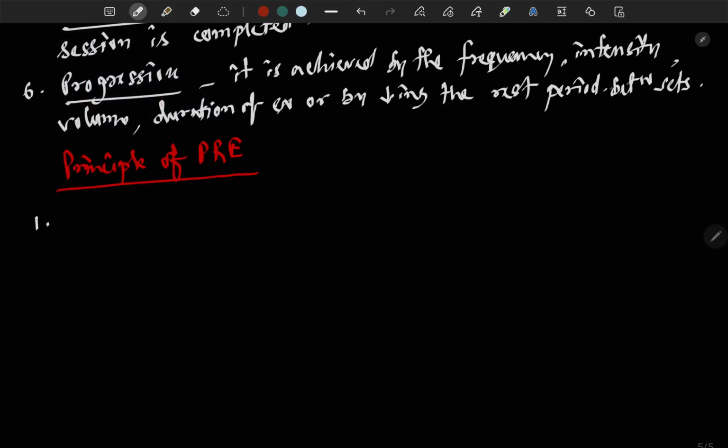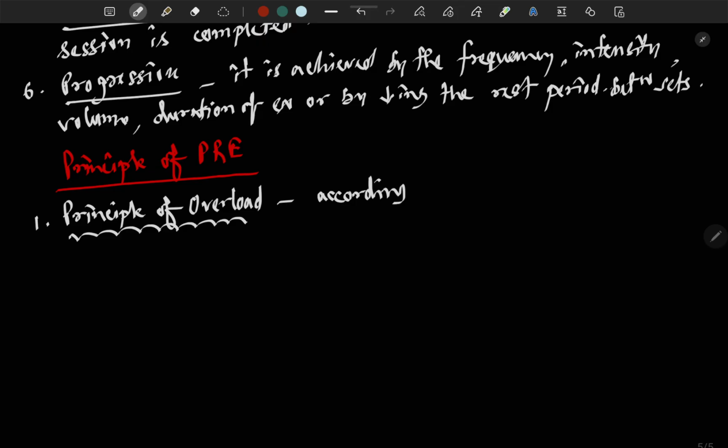Number 1 is the principle of overload, or it is known as the overload principle.